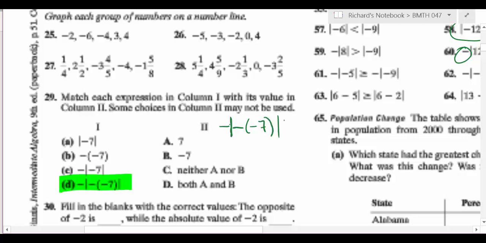Remember, the absolute value sign is a grouping symbol. This negative sign is on the outside of the absolute value sign. Then I write down the absolute value signs, and notice I got a double negative right here. Negative times a negative is a positive, so that becomes plus 7. The absolute value of plus 7 is 7, so this is equal to minus 7.